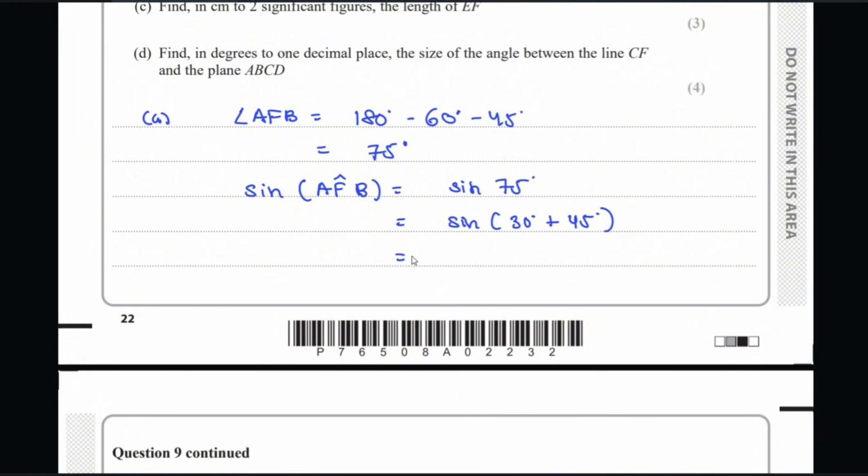So let's apply the formulae. Sine A plus B is equal to sine A cos B plus cos A sine B. So this will be sine 30 cos 45 plus cos 30 sine 45 after applying the formula. So what is that equal to? We should remember the values of the special angles.